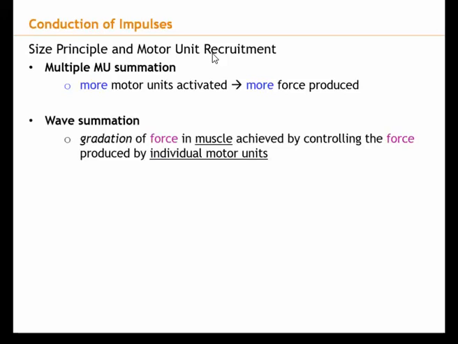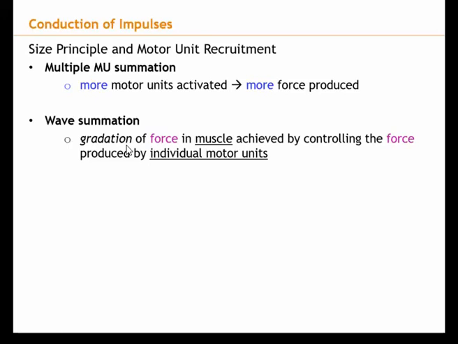Wave summation is kind of another term to describe how force increases slowly as we recruit more individual fibers. So gradations of force. A gradation is like a stair stepper in force production. It's achieved by controlling the force of individual motor units.